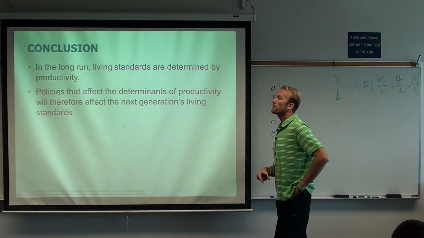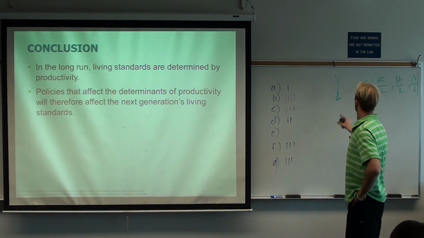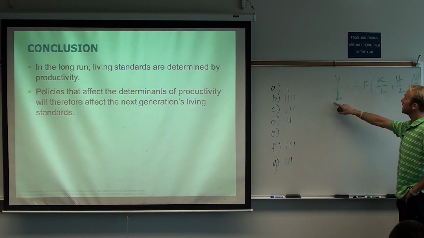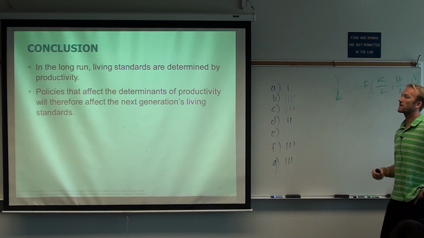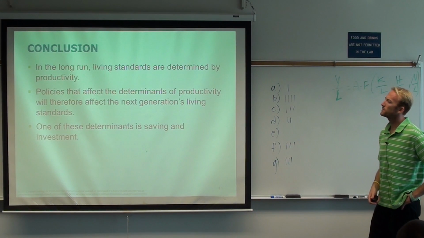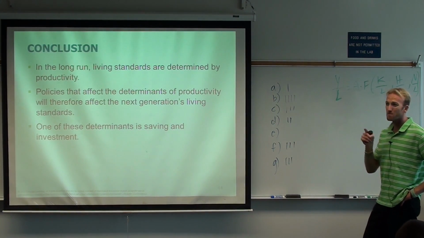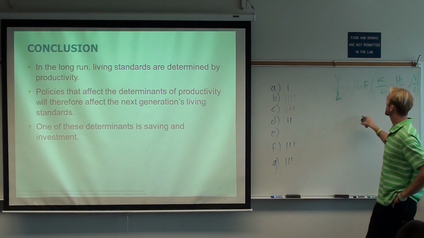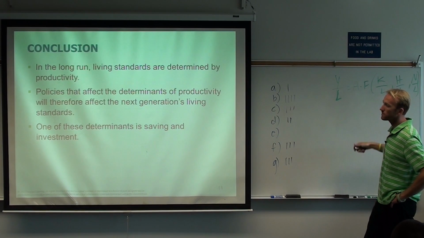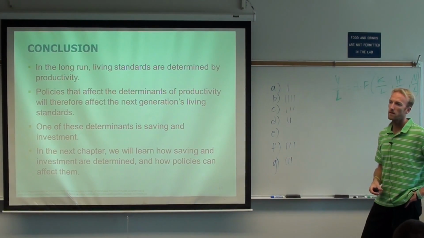And so if we have governmental policies that affect the determinants, these four things, the determinants of Y over L, it will affect the next generation's living standards, because it takes a little while to come through, right? So one of the big things that we can do, especially amongst poor countries that can grow quickly, is if we can somehow increase the level of K over L. Okay? And so that's what we're going to talk about next chapter.